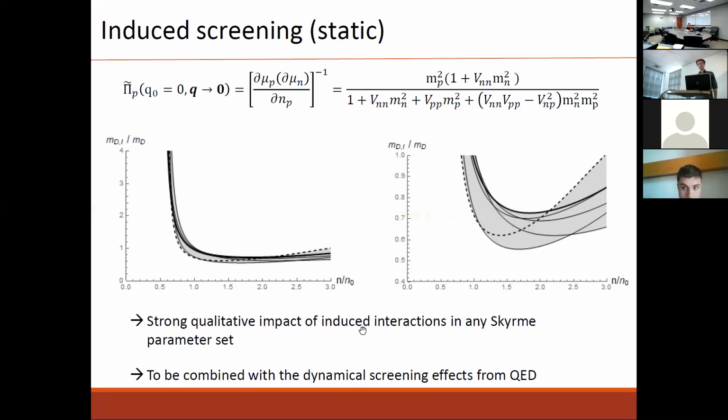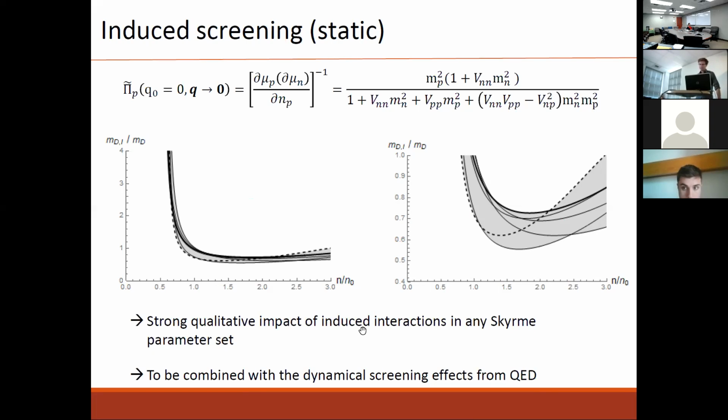It's not surprising that in the static limit you obtain that screening from mere thermodynamics. What it really is, is calculating dμ/dn, assuming that μ_proton has an implicit dependence on μ_neutron. So if I calculate dμ_proton, depending on dμ_neutron, over dn_proton, then this is exactly what I get. And then I can plot this for all the different Skyrme parameterizations.